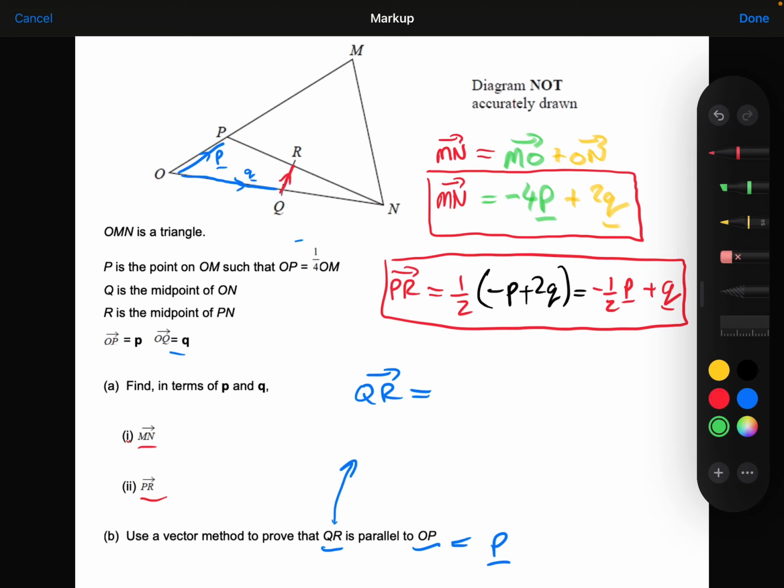To do that, I'm going to go from Q to O plus O to P plus P to R.